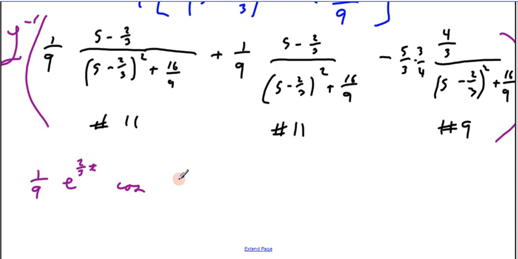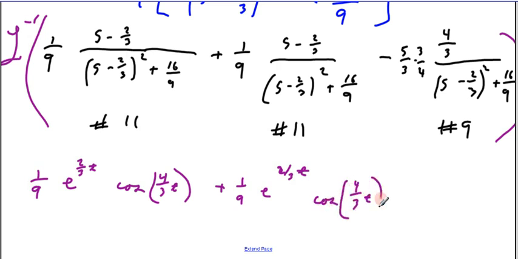Okay, what is my k is going to be 4 over 3. So it's going to be 4 over 3t. And then I'm going to have a 1/9 e to the 2 over 3t cosine 4/3 t.